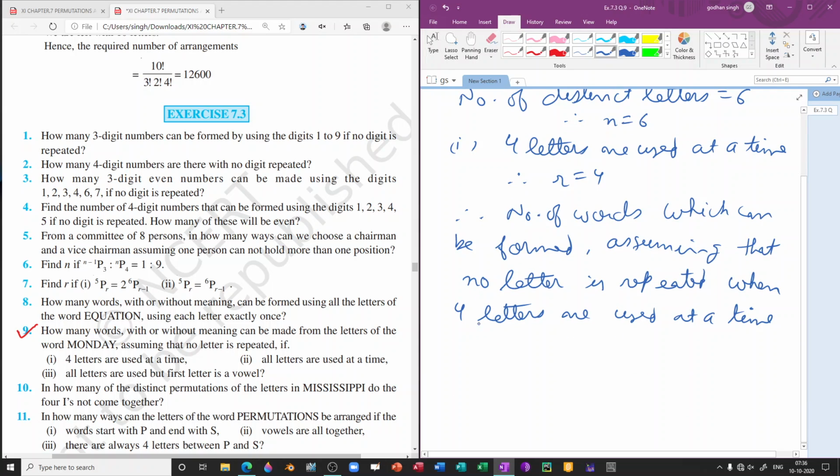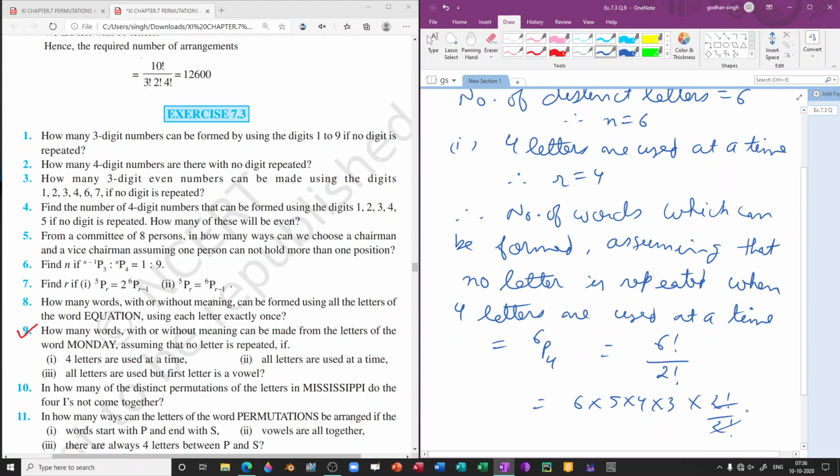So that is equal to 6p4, and simplifying it, we will get 6 factorial over 6 minus 4 factorial, that is 2 factorial, and this will give us equal to 6 into 5 into 4 into 3 into 2 factorial over 2 factorial.